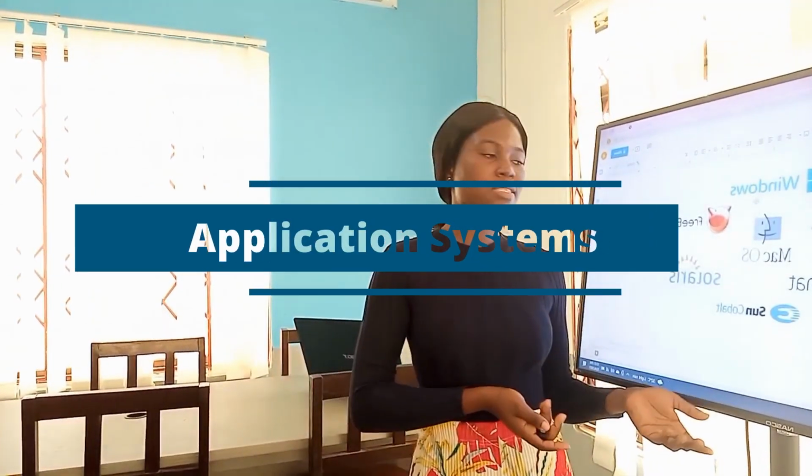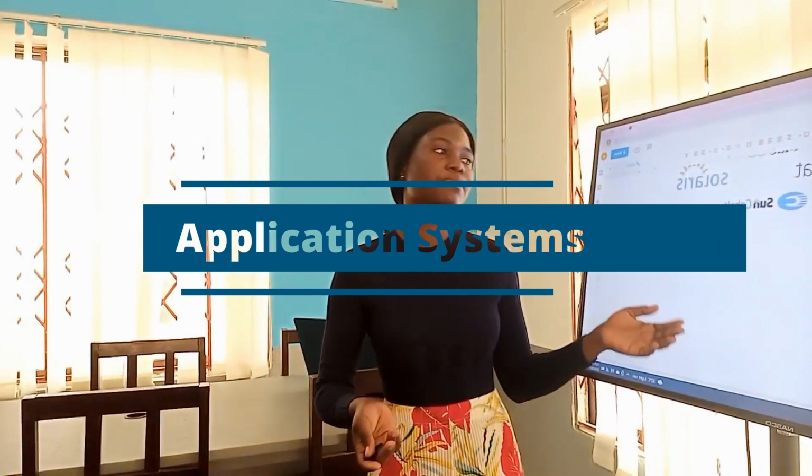Next is the application system. These are some examples of application systems. Application systems are computer programs designed to help people perform an activity.